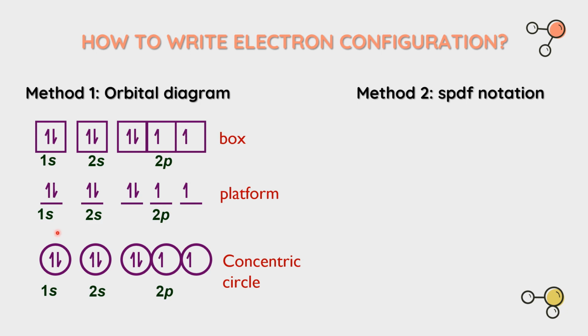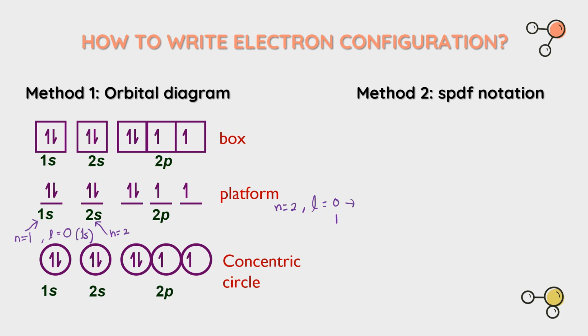So from here, how do we know 1s has one orbital, 2s has one orbital, and 2p has 3 orbitals? Now, let's recall what you have learned in 2.2. In 1s, we have n equals to 1 and L will be 0. So when n equals to 1, L equals to 0, meaning that we will have 1s orbital. But when we have n equals to 2, the value of L could be 0 and 1.